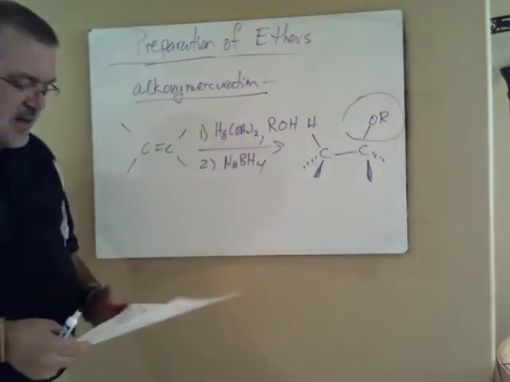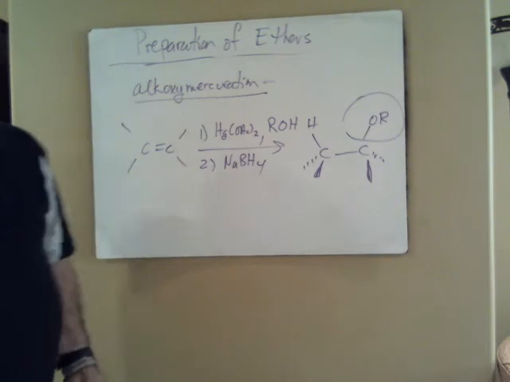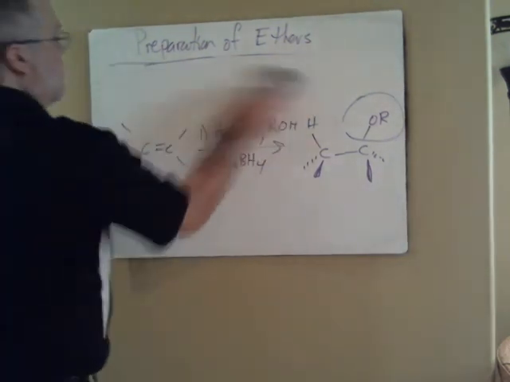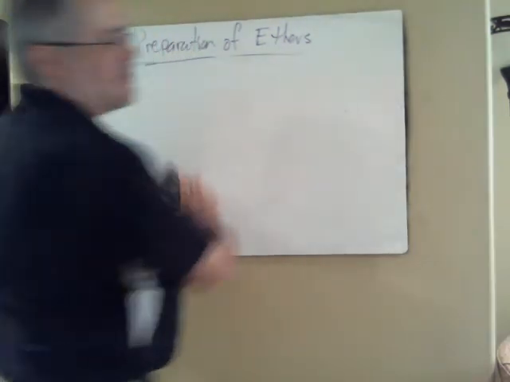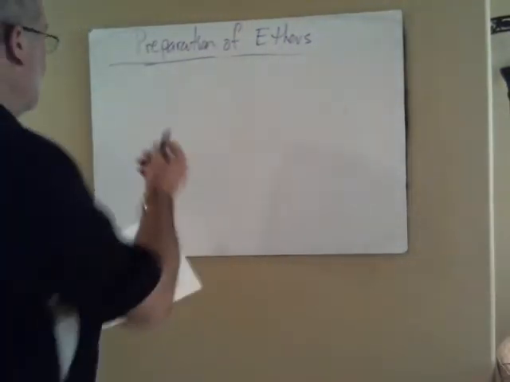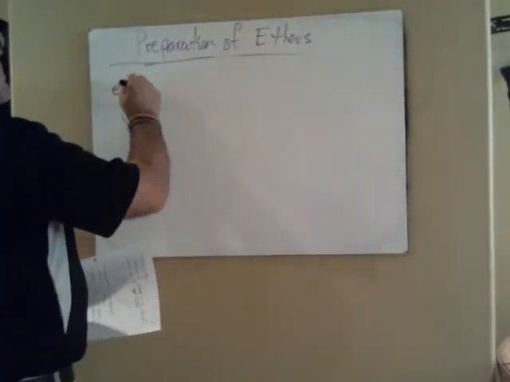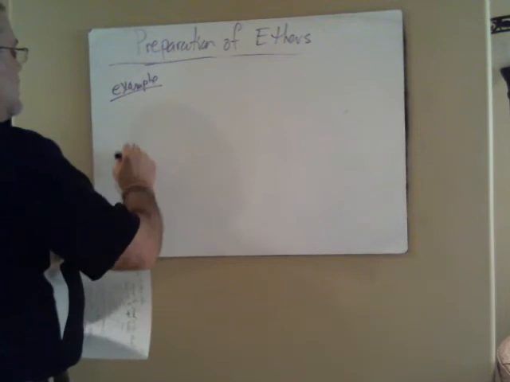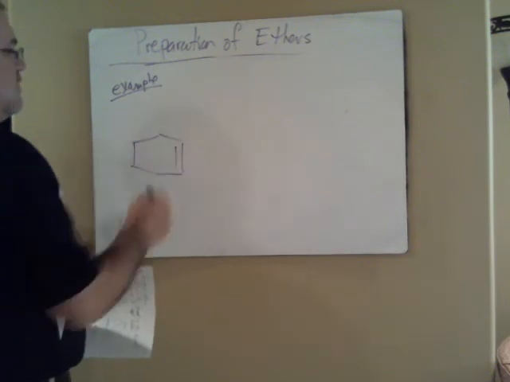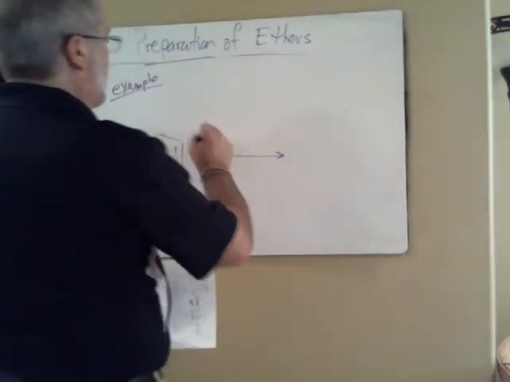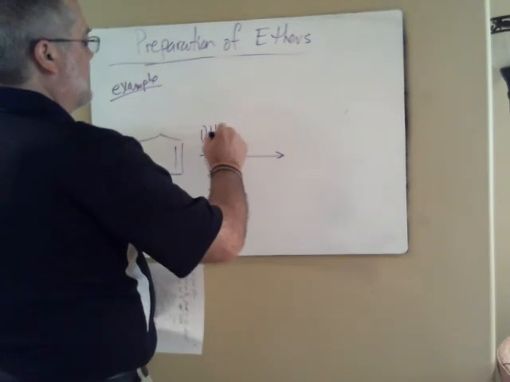Okay? Now, one that might be a good specific example if you're thinking about what goes on a flashcard. So example. Let's use this alkene, and I'm going to treat it with mercury acetate.